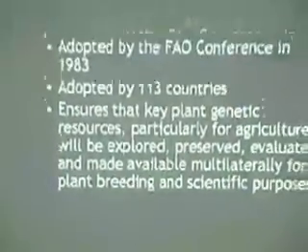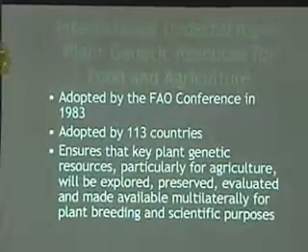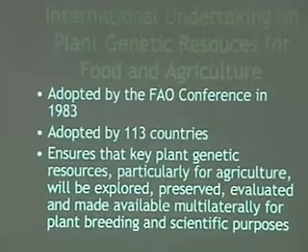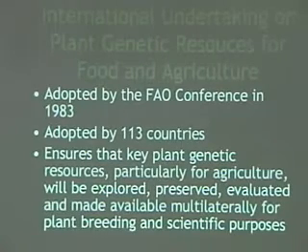Earlier this week, I was in Rome, and there's a lot of interest in rationalizing the current system of ex situ collections for crop plants. There are something like 1,400 seed banks around the world, but many of them aren't in very good shape.